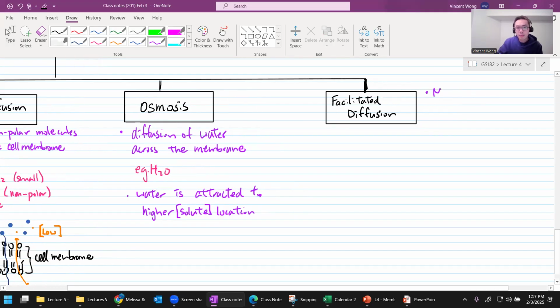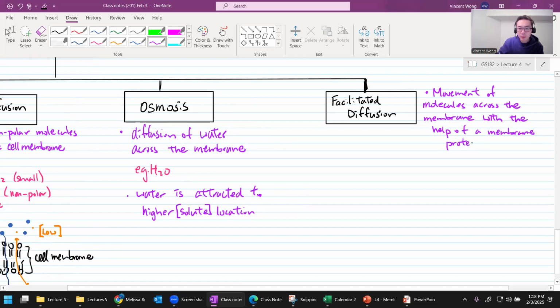It is movement of molecules across the membrane, the cell membrane, with the help of a membrane protein. We learned about membrane proteins last class.